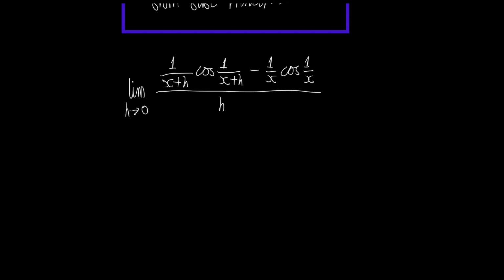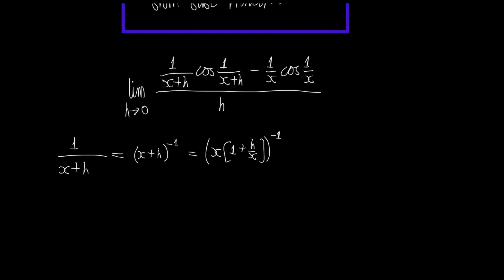If you saw the last video on index rules, you'll know that 1 over x plus h can be written as x plus h to the power of minus 1. In order to get this in the form 1 plus some small quantity, we need to take out a factor of x, like so. Obviously this is all to the power of minus 1.